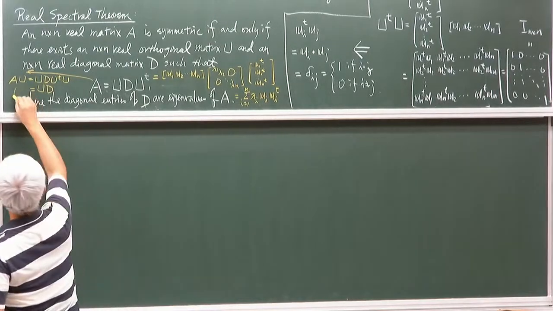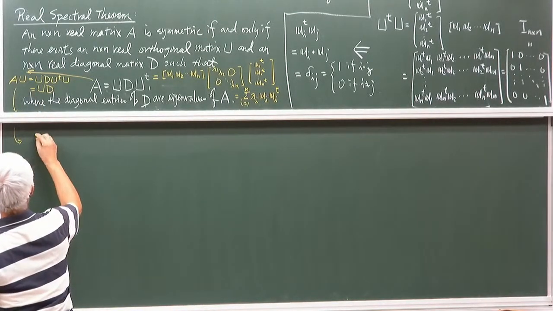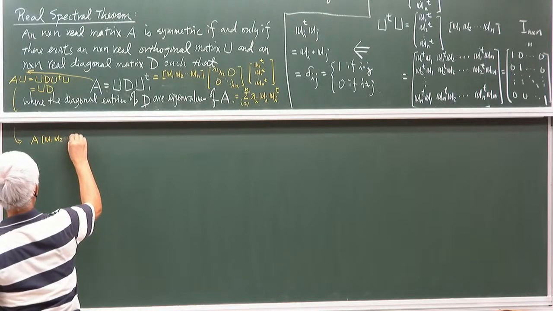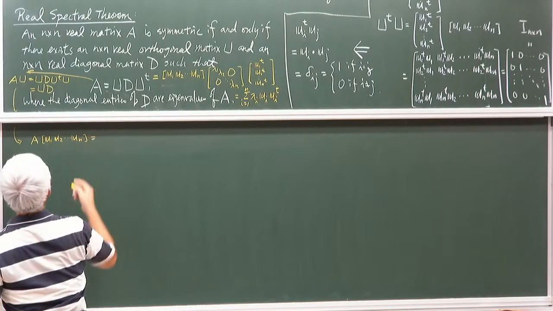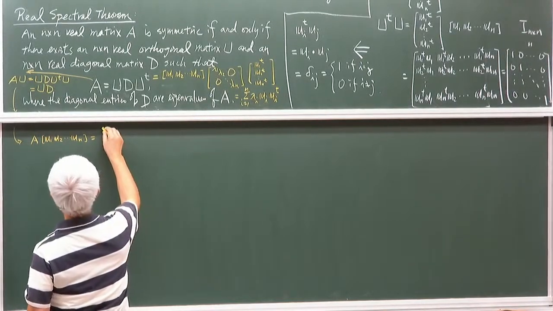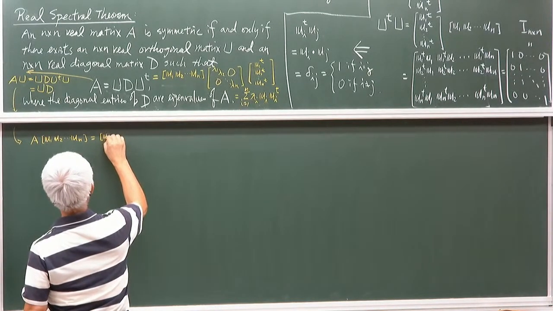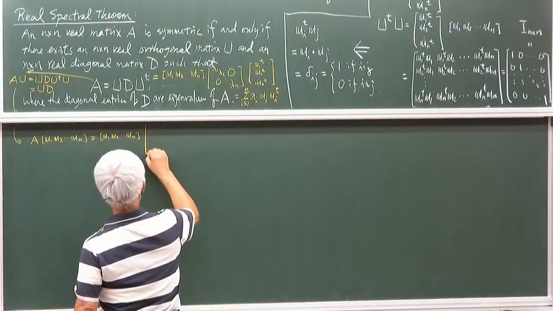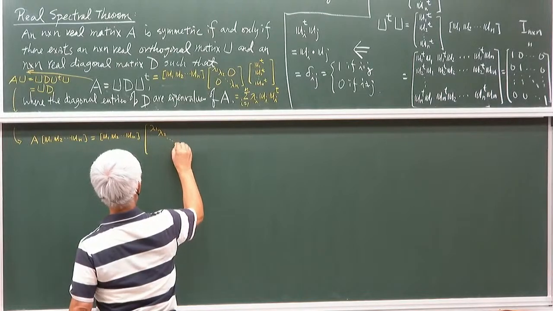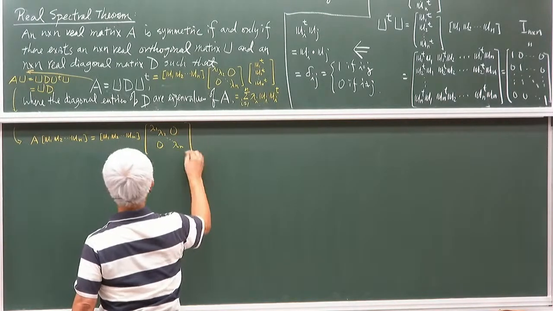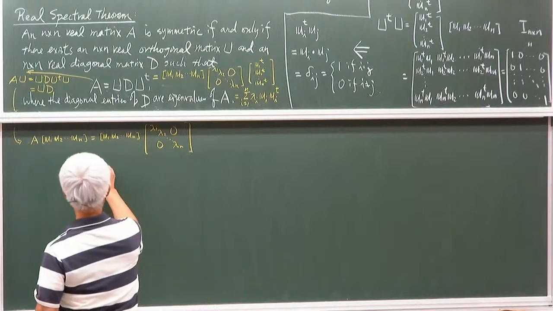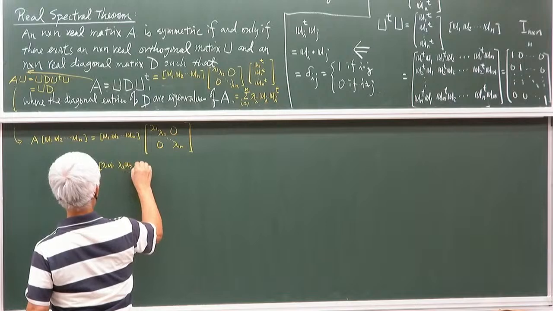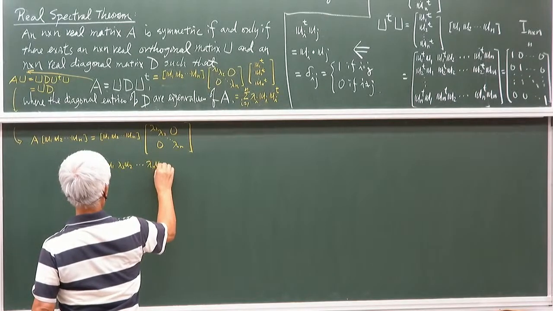Now A times U1, U2, UN equals U1, U2, UN times the diagonal matrix with lambda 1 and so on, so this is equal to lambda 1 U1, lambda 2 U2, up to lambda n UN.